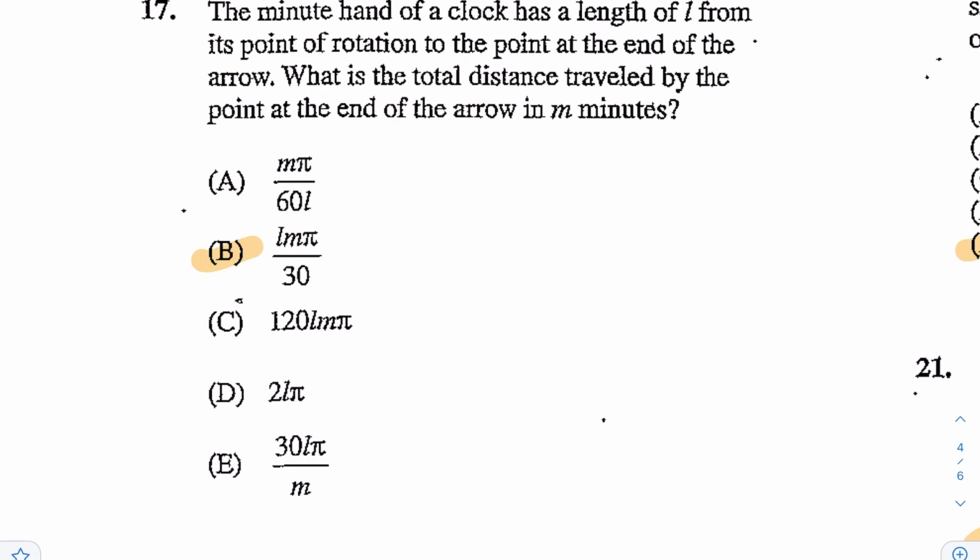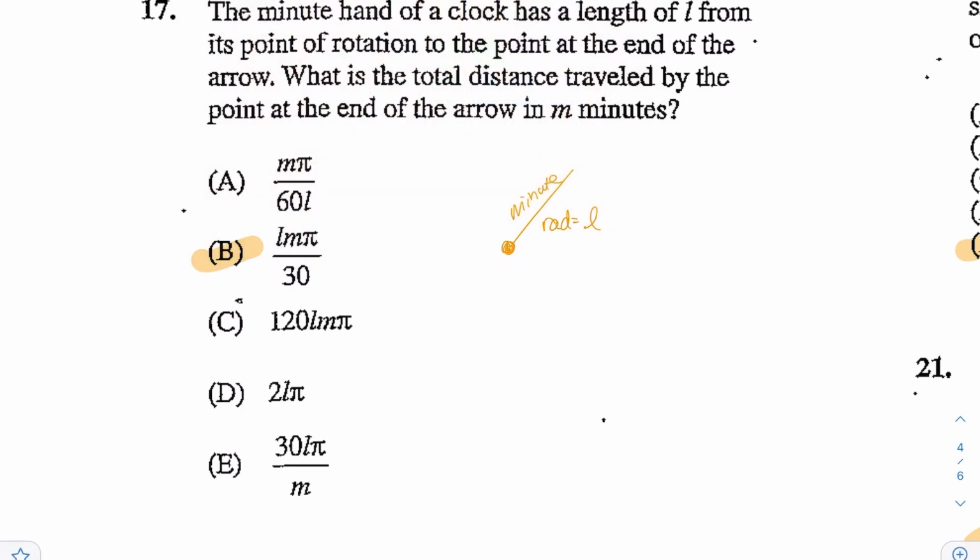Next for number 17, the minute hand of a clock has a length of L from its point of rotation to the point at the end of the arrow. What's the total distance traveled by the point at the end of the arrow in M minutes? So here you have a minute hand with a length of L. So when you have this clock, this minute hand has a length of L, and that represents the radius.